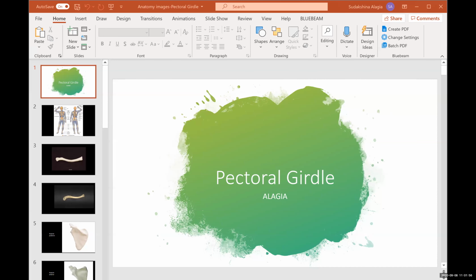So I'm going to bring up the pectoral girdle and cover as much as we can. Let me start a new share here. Can you see the pectoral girdle slide? Yes, it's just the title slide.